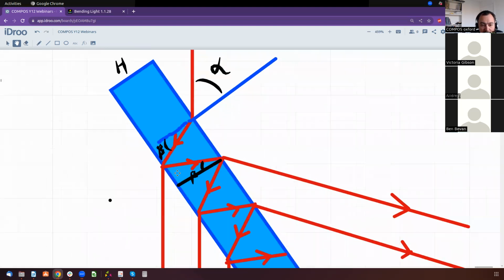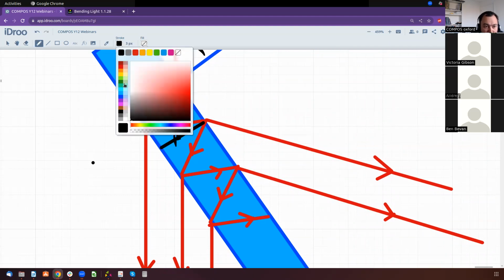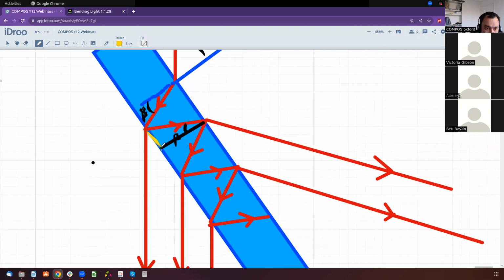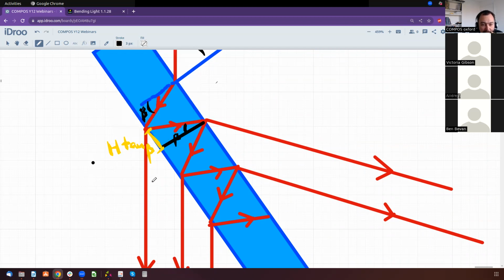So this side is going to be h tan beta. And this distance between them, let's call it delta L. Delta L is going to be 2h tan beta.